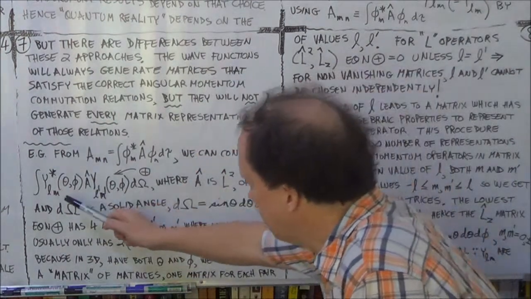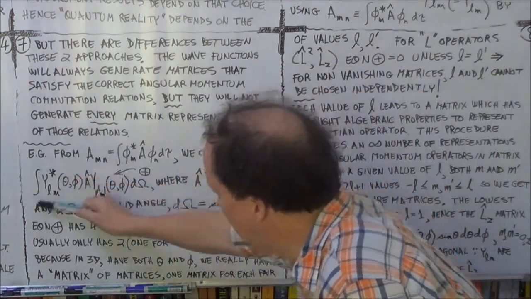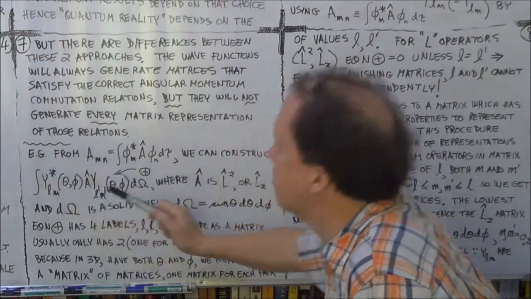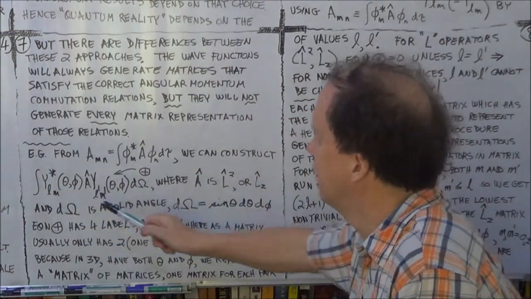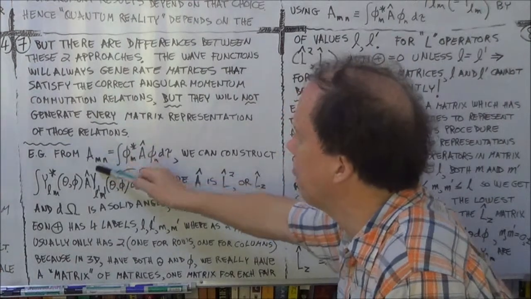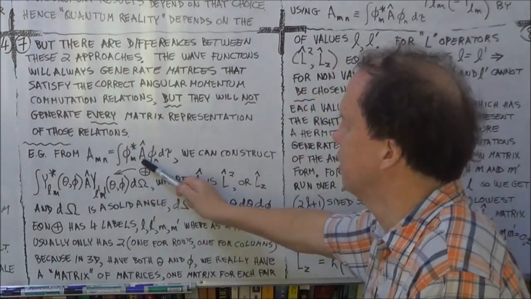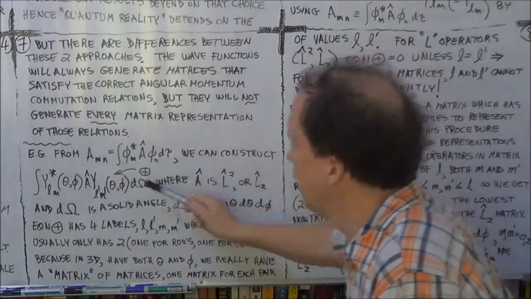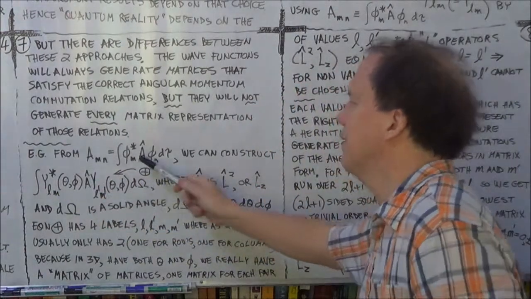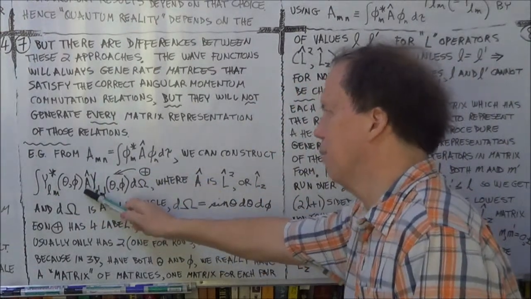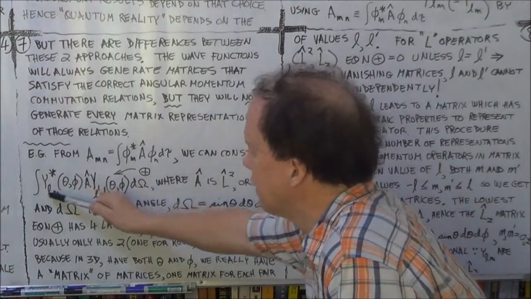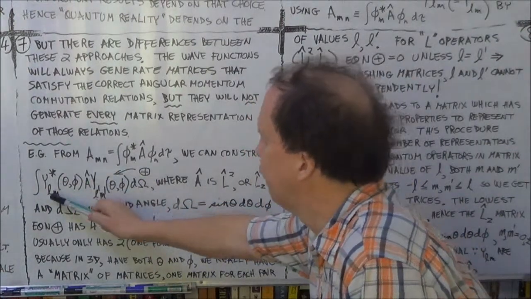Now, look upon this as a representation of this operator. This is a fairly simple matrix representation of this operator. But now look at this one. This is a more complex representation of this operator, because now we're using spherical harmonics with four parameters.